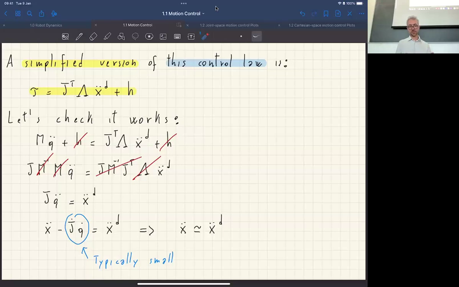In this specific setting, where we are supposing we are controlling only the position of the end effector, the position of the end effector has 3 degrees of freedom, because that's how many variables we need to represent it. So it's a 3 degrees of freedom task. If your robot has more than 3 degrees of freedom, then your robot is redundant for that task. It means that besides doing that task, it could also do something else at the same time.